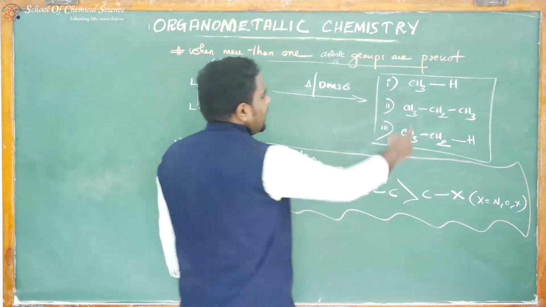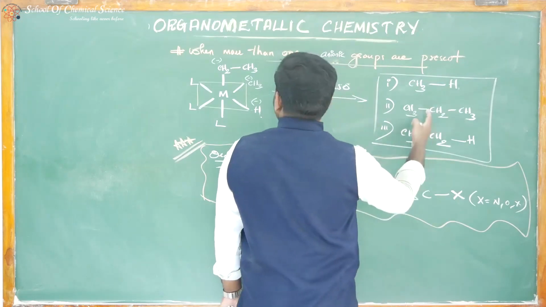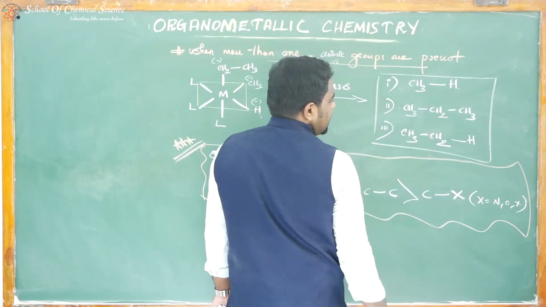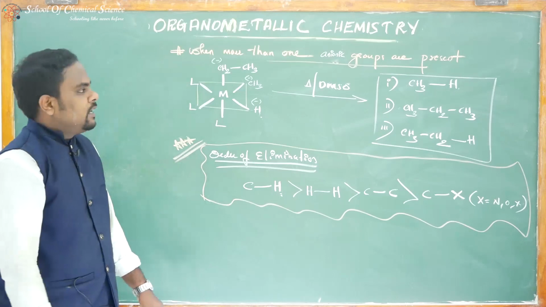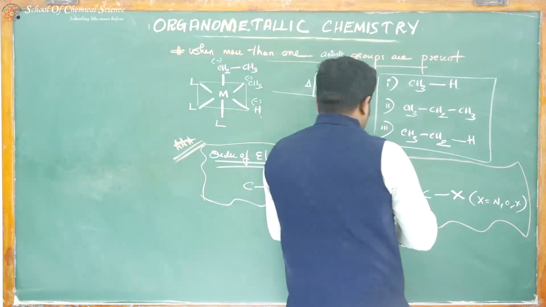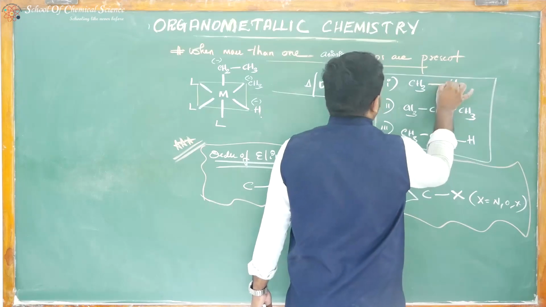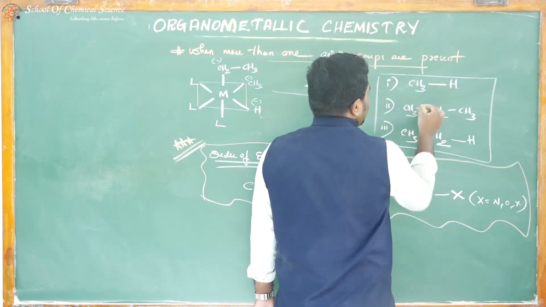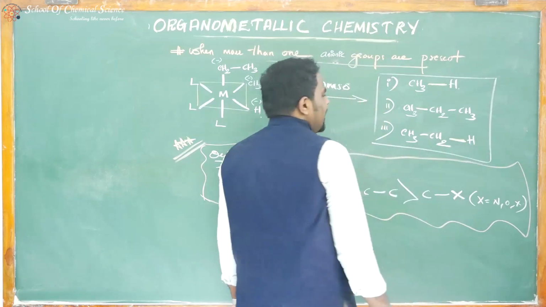In this case, a carbon-hydrogen CH elimination. Here in the next case, CC elimination, carbon-carbon. Here also CH elimination. Clear? In this case, the new bond formed is between carbon and hydrogen. Here the new bond formed is between carbon and carbon. Here the new bond formed is between carbon and hydrogen.